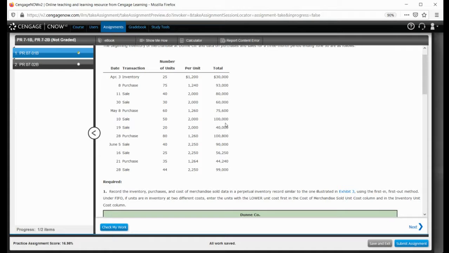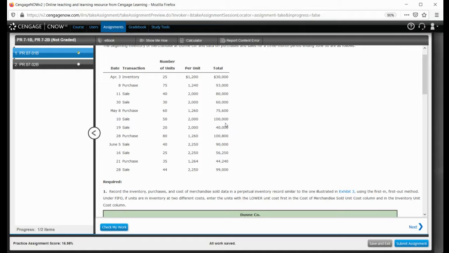In this case, we don't know anything about purchases, discounts, and all that other stuff that they taught us in the last chapter. They're just kind of ignoring it now. So our total sales are going to be 100,000. So you would debit in the journal accounts receivable and credit sales for an amount of 100,000.